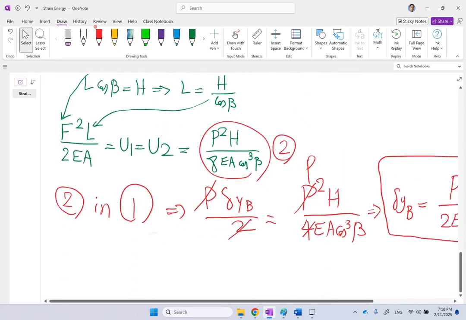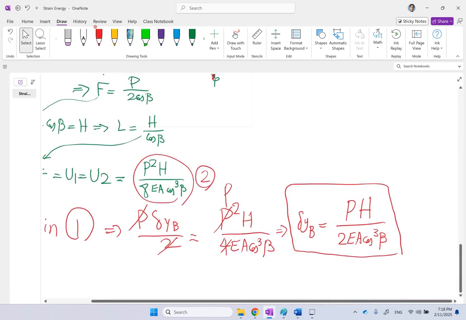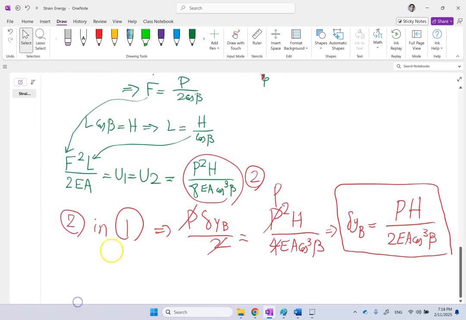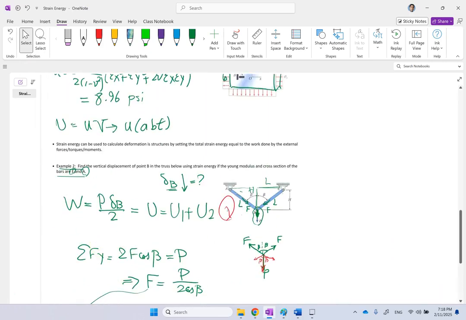And if you do so, the answer is exactly what you can see here. So you see, this strain energy method can be used to solve a simple problem like this.